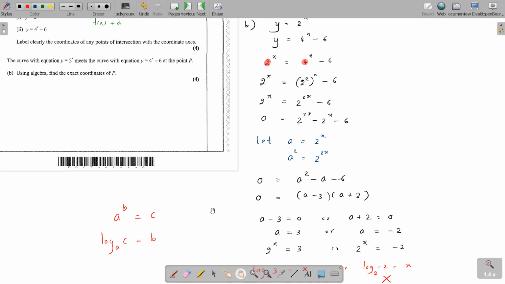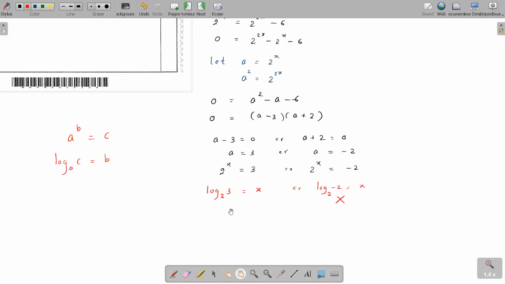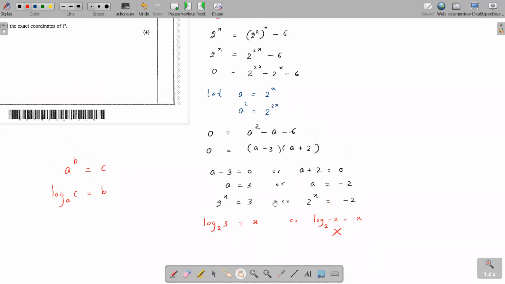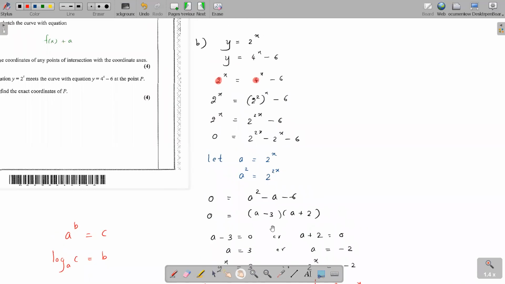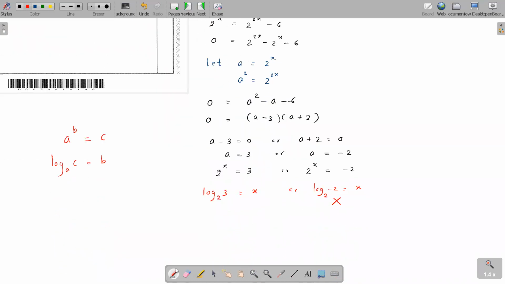What do they want here? By using algebra, find the exact coordinates. So finding the exact coordinates, I need to find the y value as well. So how do I find the y value? y equals 2 to the power x. I could use y equals 2 to the power x, right?